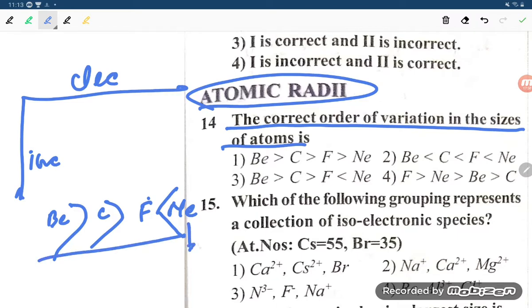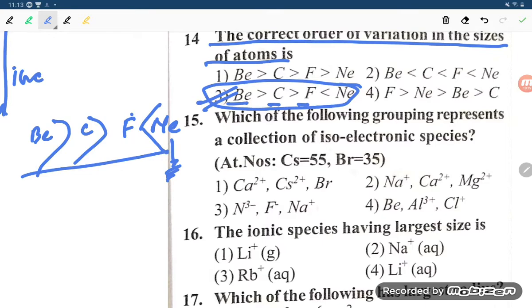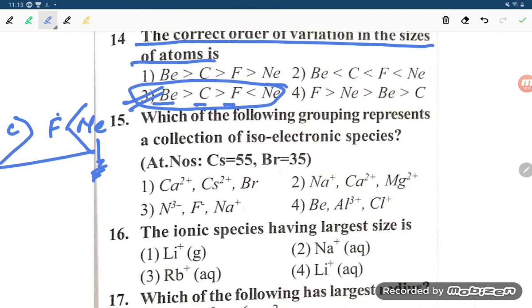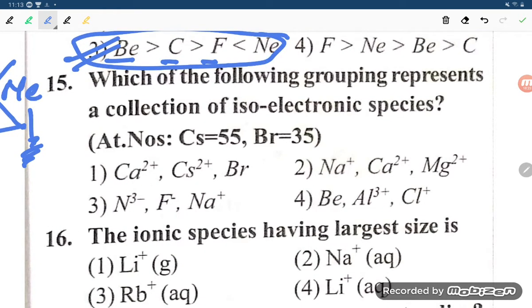Because neon has a completely filled shell. So group 0 or group 18 elements have larger radii than other elements. So the correct order is beryllium more than carbon more than fluorine, and fluorine is less than neon. So the correct option is option number 3. You can read about the radii of noble gases, student, and you will understand; nothing is wrong in this question.